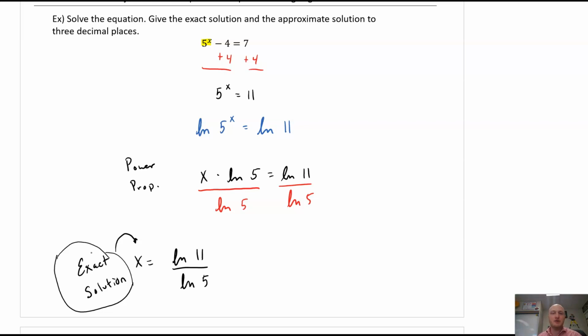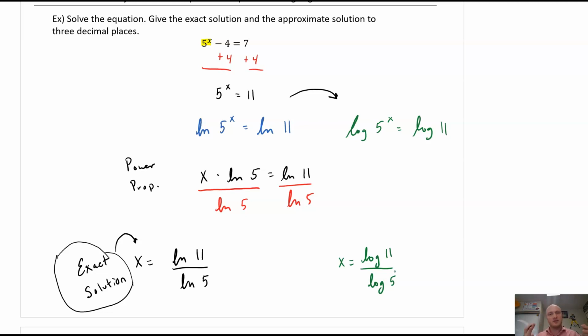I also want to point out that if, instead of using the natural log, I use the common log, log of 5 to the power of x is equal to log of 11, I would end up with log of 11 divided by log of 5, and you get the same exact solution. What do I mean by that?